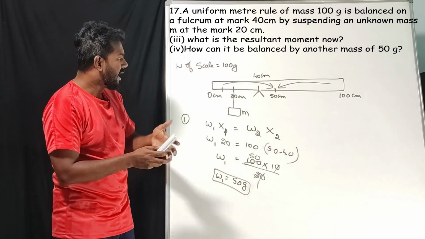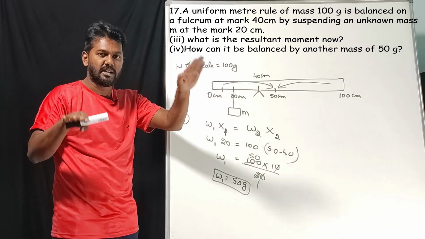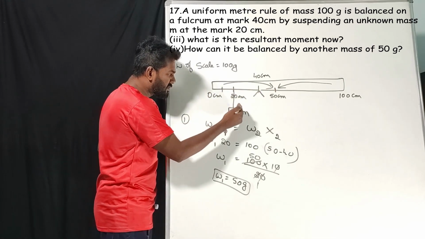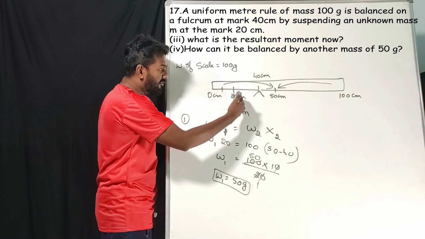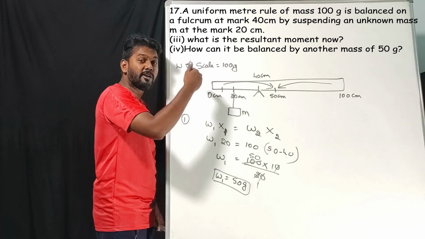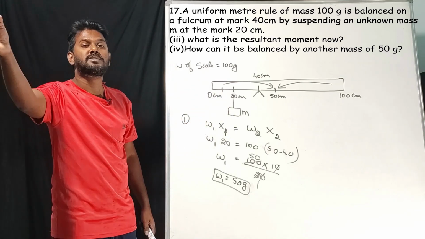See, now at 20 it is balancing, without any extra load. If I move this load this side, we are moving to the anti-clockwise side, correct? So it will rotate in the anti-clockwise direction.